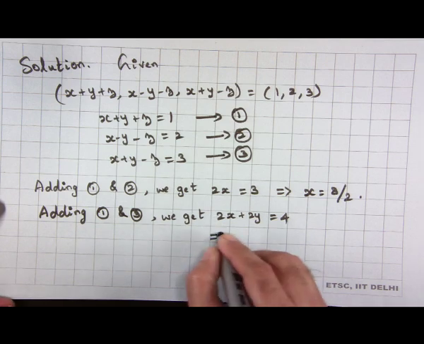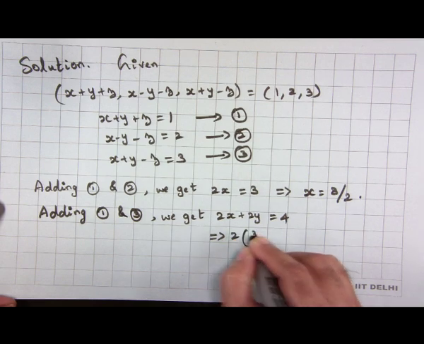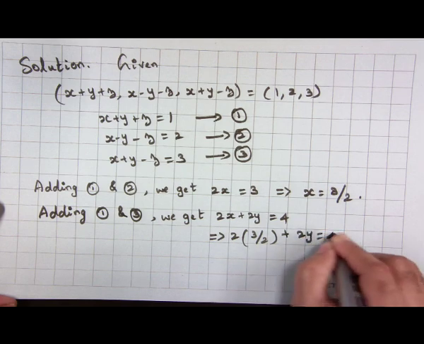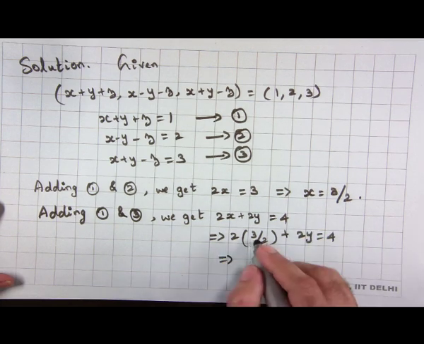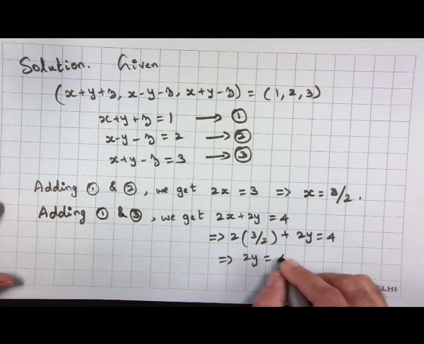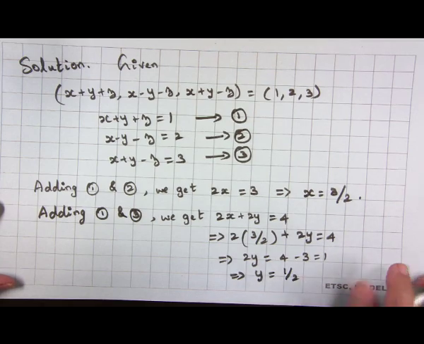That implies 2 into 3 by 2 plus 2 into y equal to 4. So, 2 into 3 by 2 is 3, 2y equals 4 minus 3 which is 1, that implies y is 1 by 2, which is half.